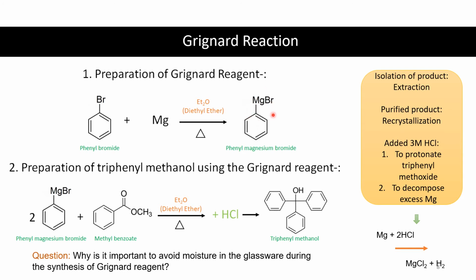And if you're given the Grignard reagent and asked to predict what the starting materials were, you should be able to predict that. And remember, we did not want any water to be present in the glassware or in the reaction mixture, because Grignard reagents can act like strong bases and can react with water in an acid-base reaction, and degrade the Grignard reagent.